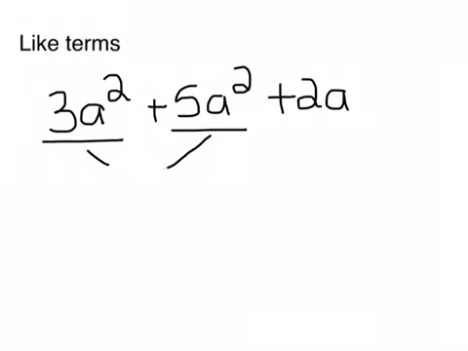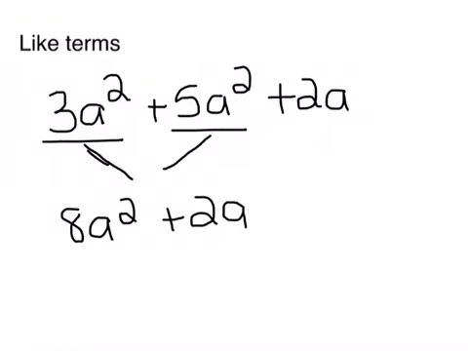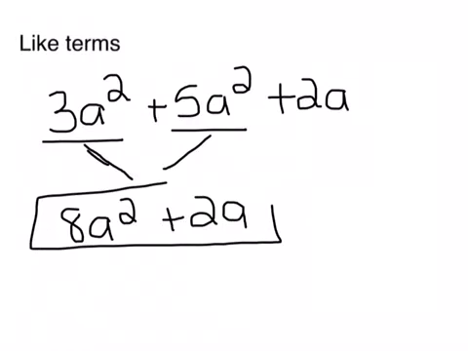Like terms can be combined by summing the coefficients. So 3a squared and 5a squared sums to 8a squared, and we also have that plus 2a. Now 8a squared and 2a are not like terms, so this cannot be simplified, and this would be your answer.